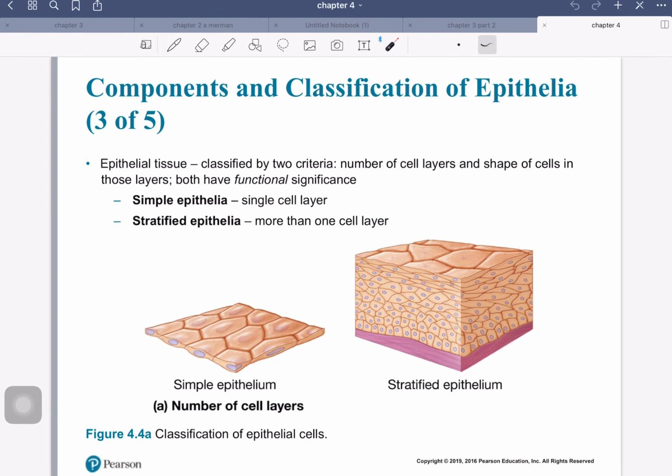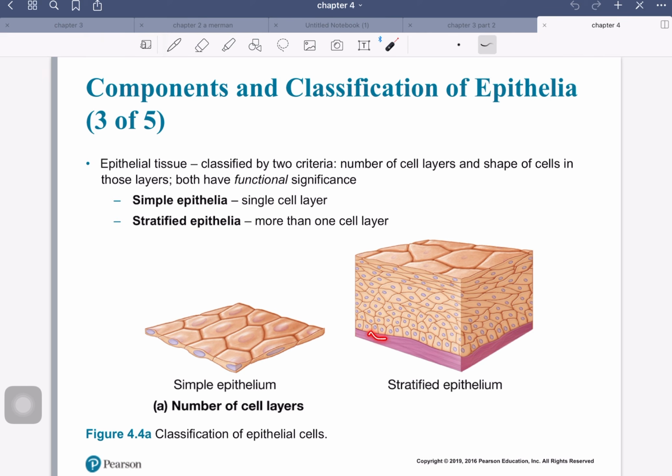Now, when we're looking at epithelia, we should start to think about how we are going to classify it and how we are going to give it names. There's a couple of variables we can look at, and one is how many cell layers there are. In some cases, we only have one cell layer thick.